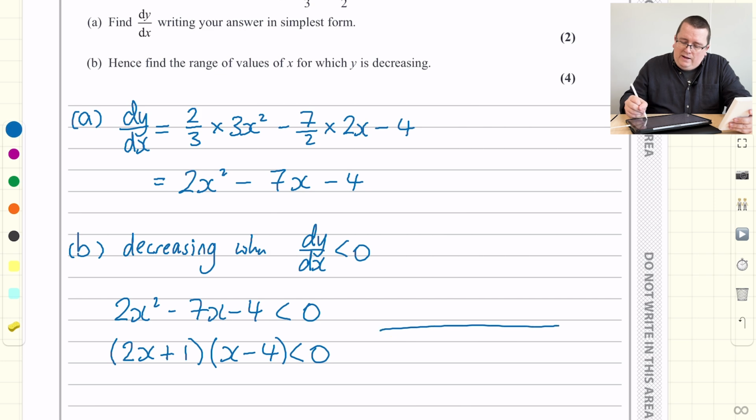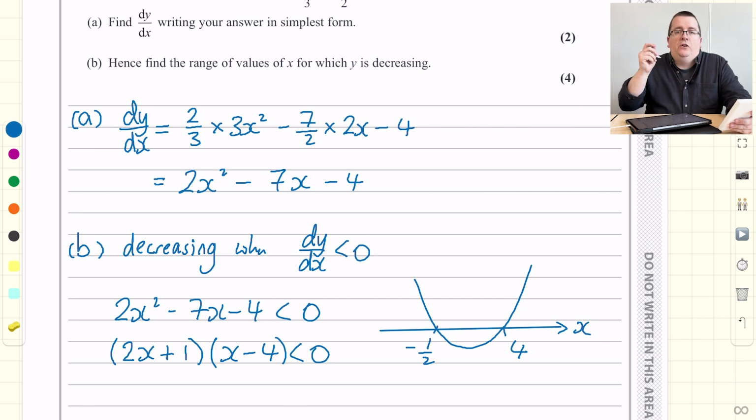Okay, so we have a quadratic. Here is the quadratic, the parabola, and it is crossing through at minus 1/2 and 4 on the x-axis. So where is the graph, the curve, below the x-axis? It's below it here. That is where the graph is below.